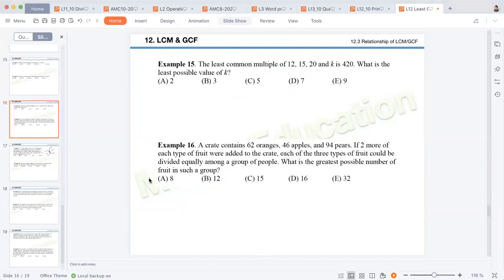So 15, please. And so you get the right answer.